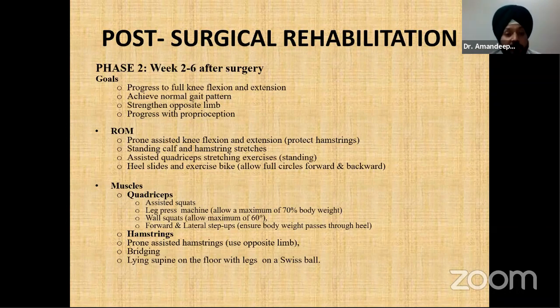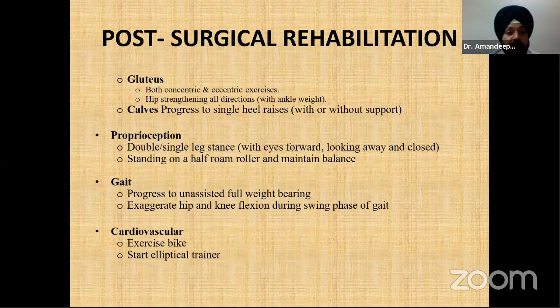We can do prone assisted knee flexion and extension, then standing calf and hamstring stretches, assisted quadriceps stretching exercises, and heel slides, and the exercise bike we can make use of. For muscle strengthening, you need to focus on quadriceps, hamstrings, then bridging, lying supine, then gluteus, calves, progress to single heel raise.